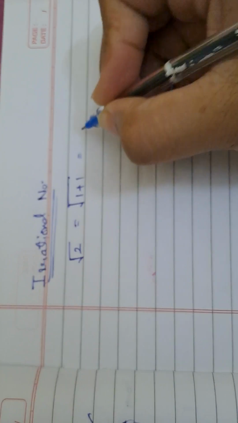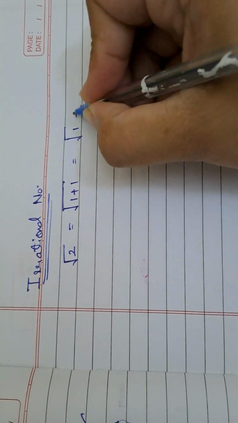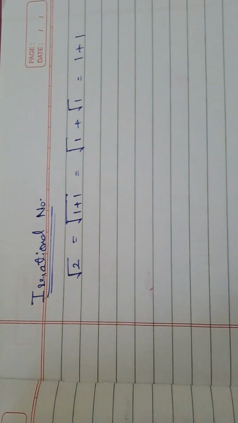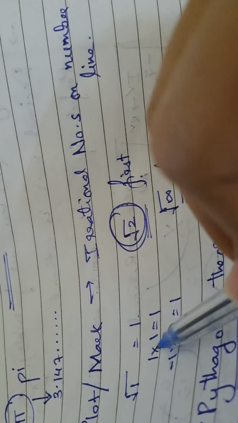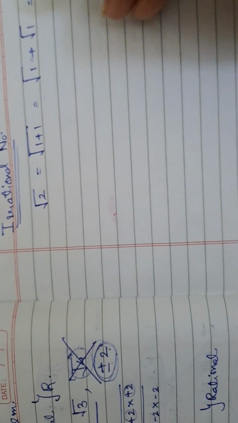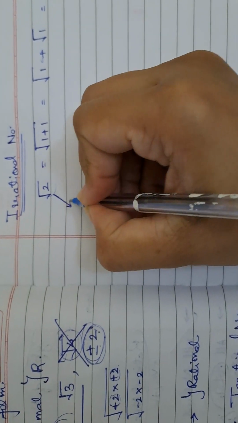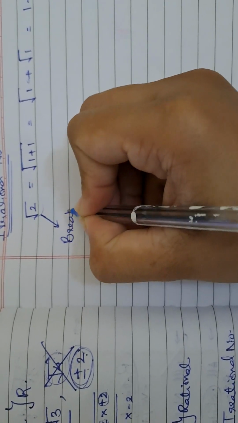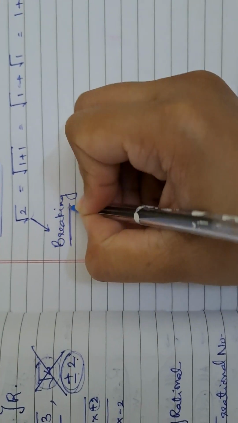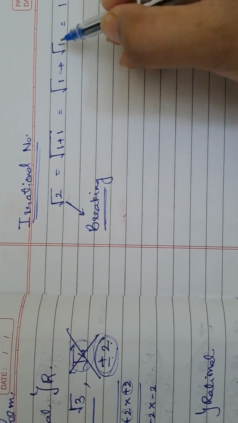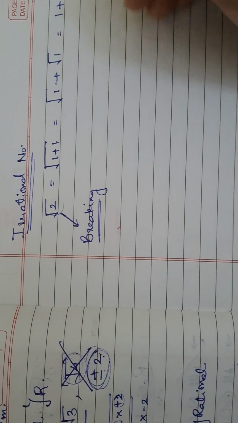It can be written as root 1 plus root 1, which is nothing but 1 plus 1 itself, because we just said that root 1 is equal to 1. So first of all, we are breaking the number under the root in a simpler fashion. 2 we know can be written as 1 and 1.